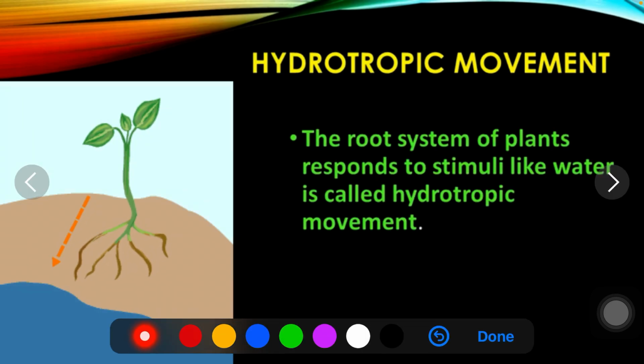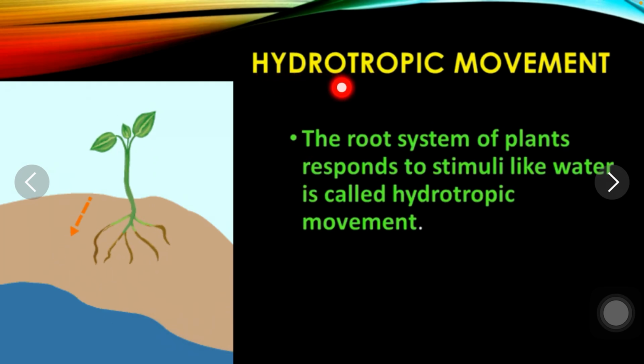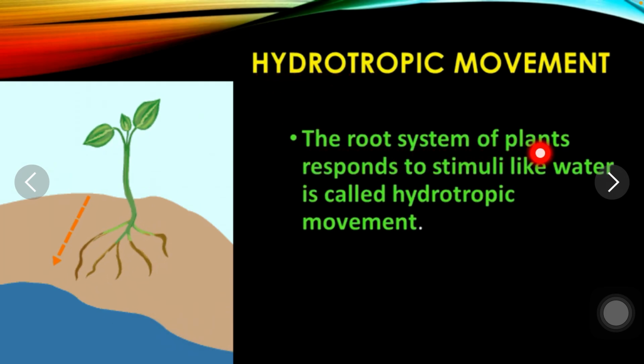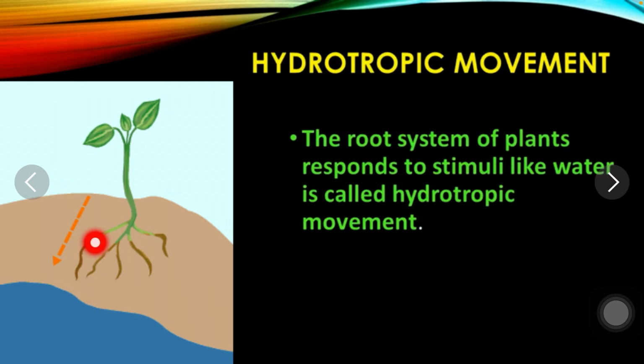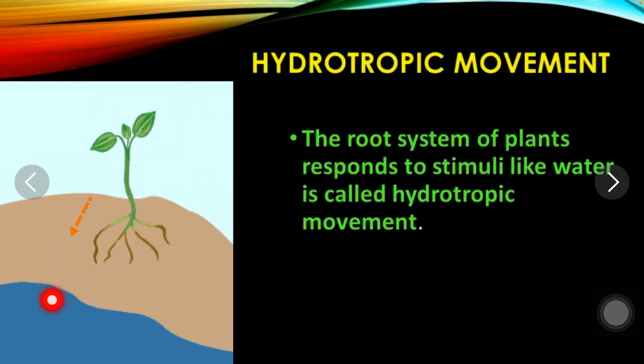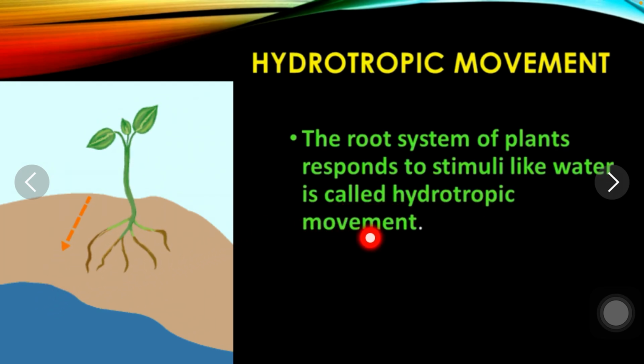Next is hydrotropic movement. Here hydro means water. The root system of plants responds to stimuli like water. As you can see in the image, the root system is responding towards the water, making a movement towards the water. So this is called hydrotropic movement.